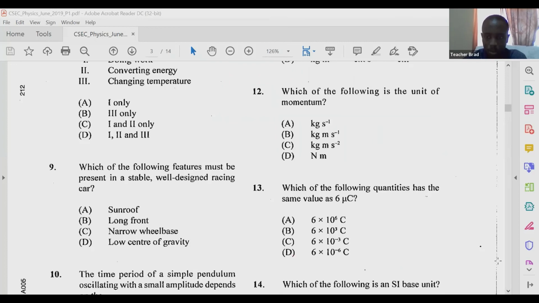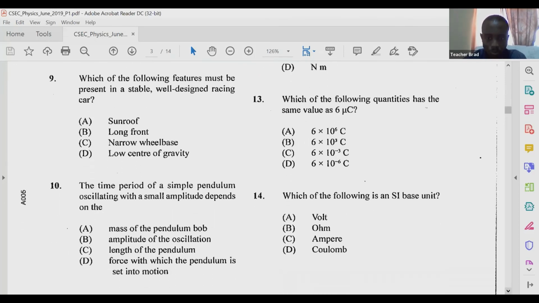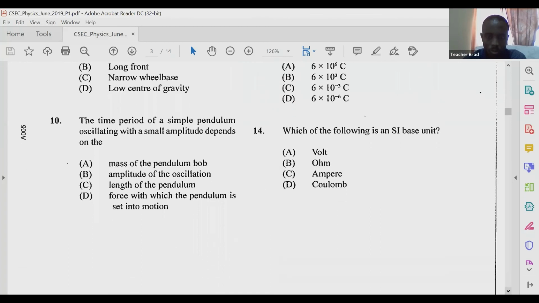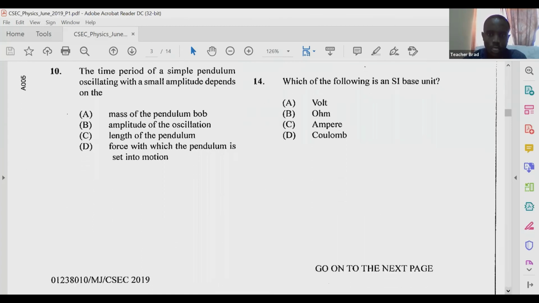All right, we'll move to question number 14. Which of the following is an SI base unit? We have about 7 of them, and let us look at these ones to see which one fits. The volt is not a base unit, that's a derived unit.